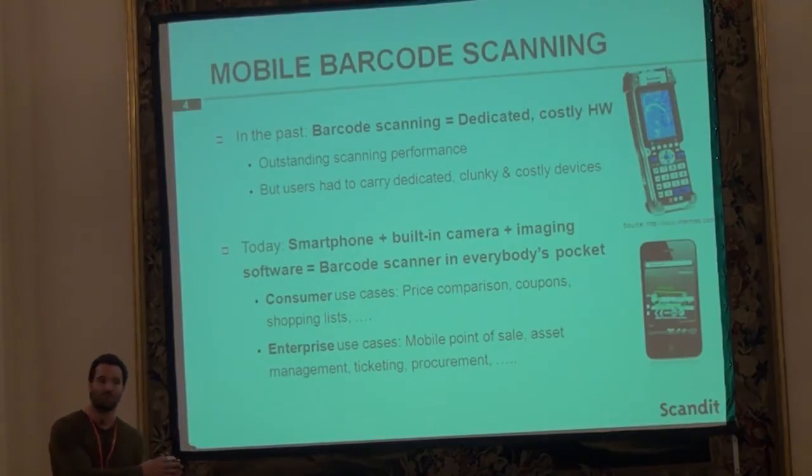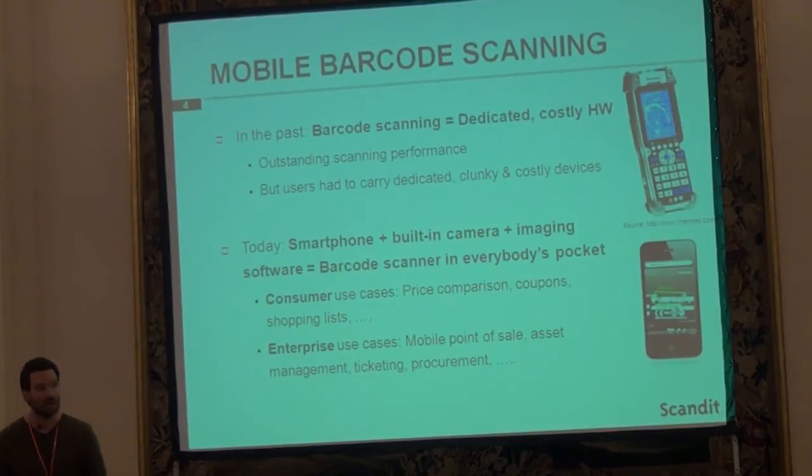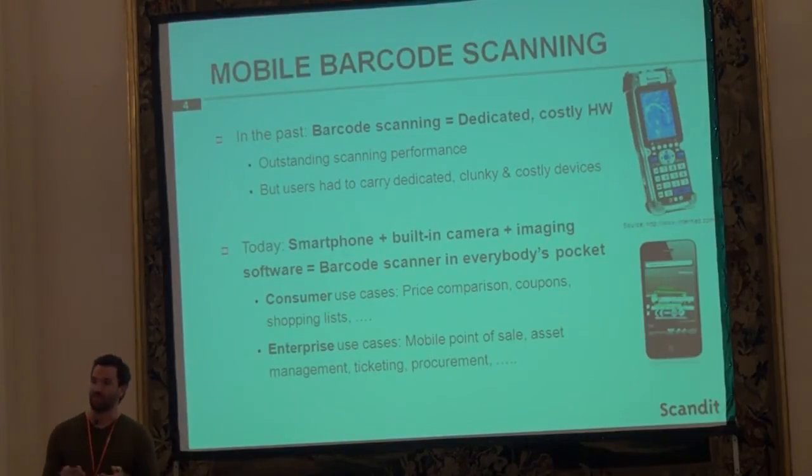So there is a much wider array of use cases that you can address, and that comes with a couple of advantages, such as cheaper devices, obviously, easier deployment, over-the-air updates and replacement, and of course, employees that previously had to carry such a mobile scanner now have a smartphone in their pocket that just happens to be able to scan as well.